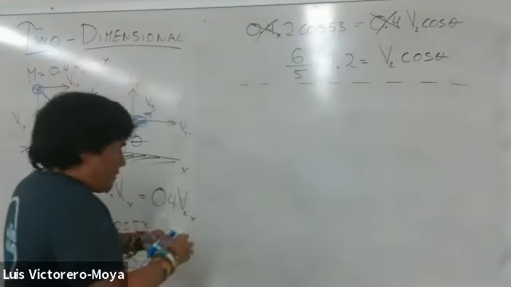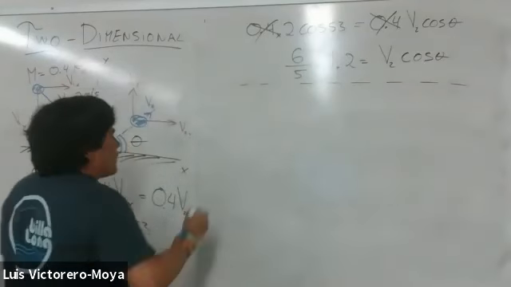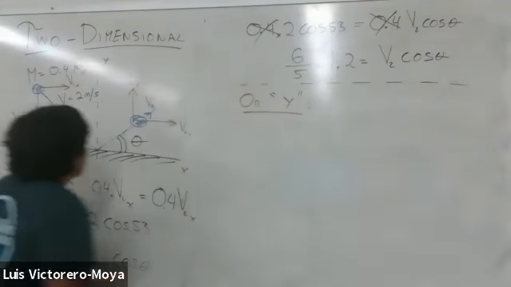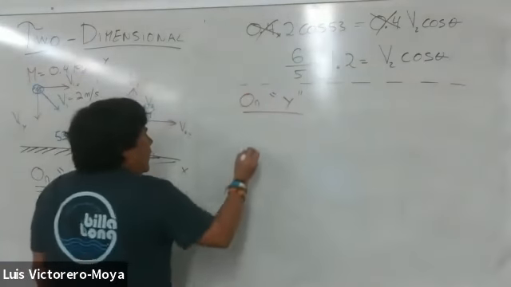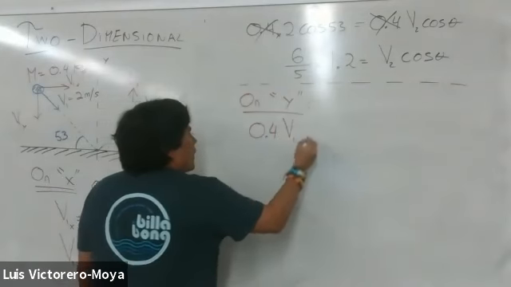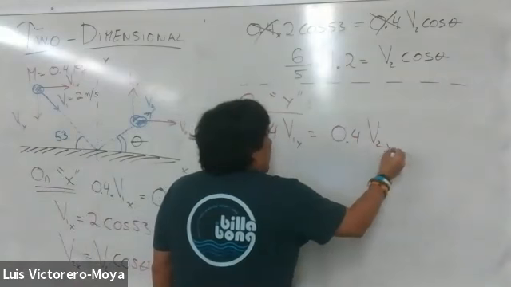Now let's take a look at y, just like the last problem that we did, the one with the two masses. On y, mass 0.4 times V1y is equal to 0.4 times V2y.